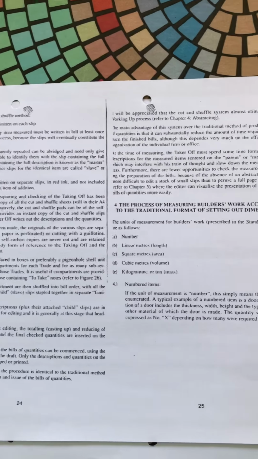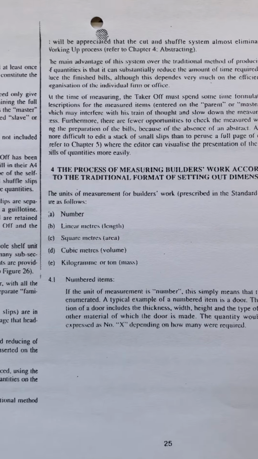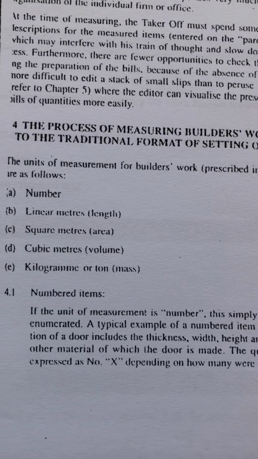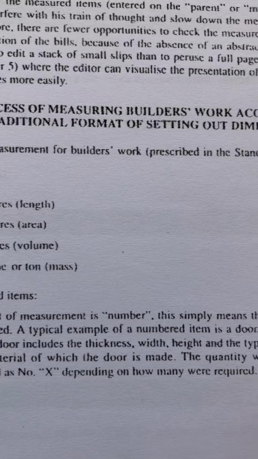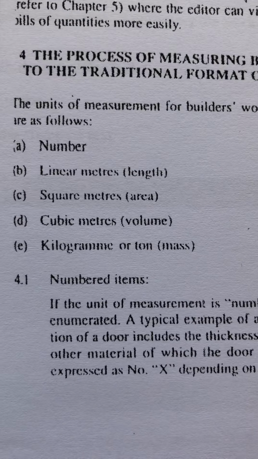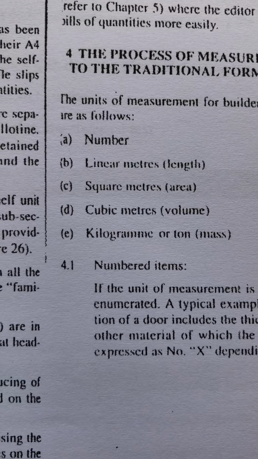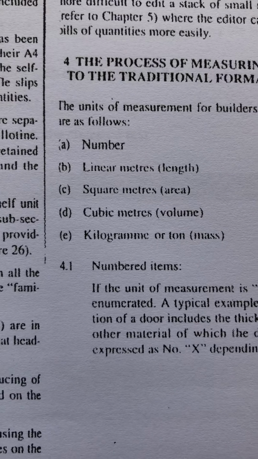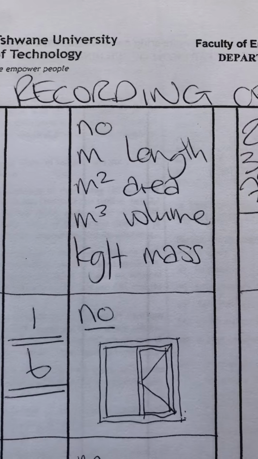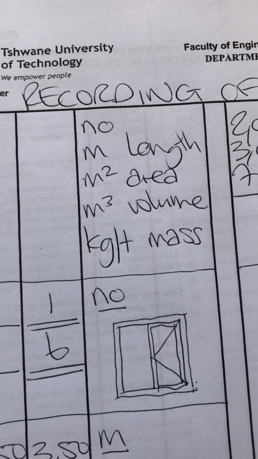You'll get the units of measurement in your Introduction to Quantity Surveying book, where they say the units of measurement for building work as prescribed in the standard system: number, linear meters for length, square meters for area, cubic meters for volume, and kilogram or ton for mass. That's exactly what I've written there. So that is our different units of measurement.